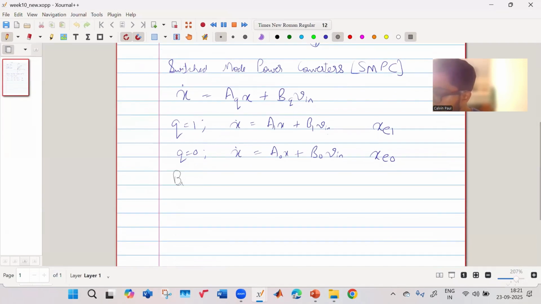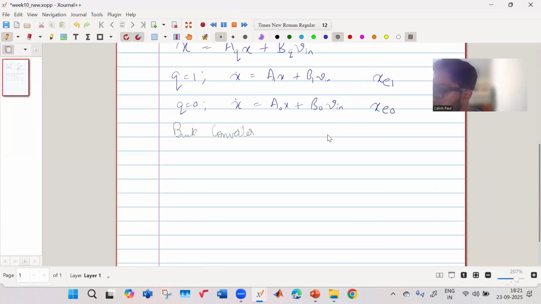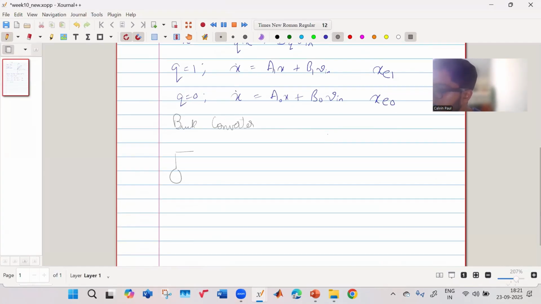So again, we have a buck converter. You have your input over here, your Q signal here, Q bar here. You have your inductor, capacitor, load resistor R. This is your L, this is your IL, this is your VC.